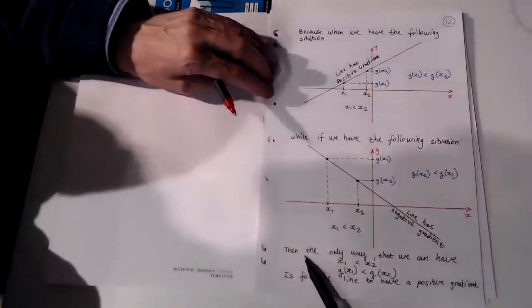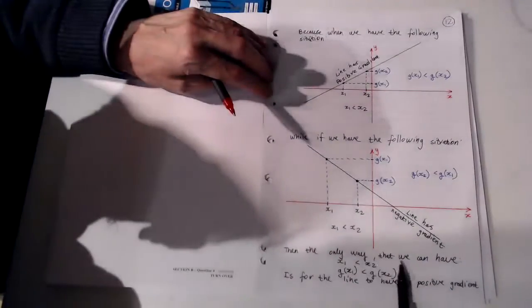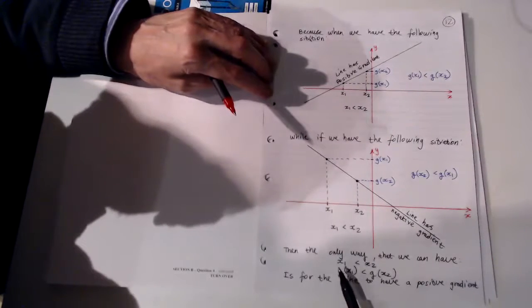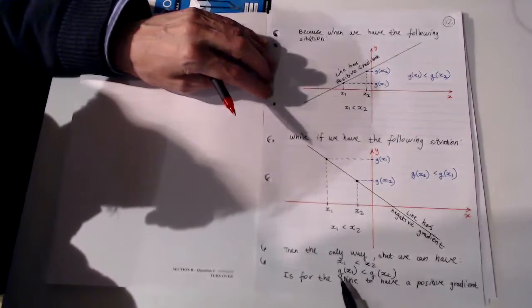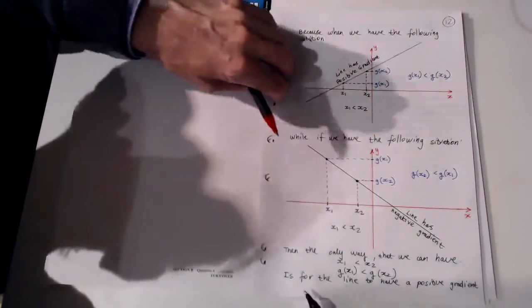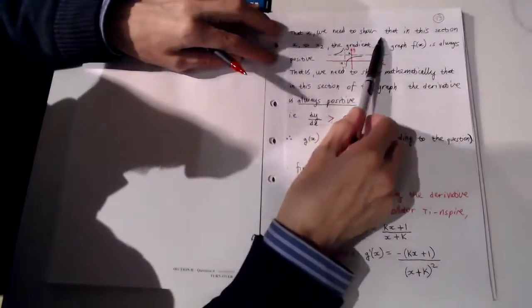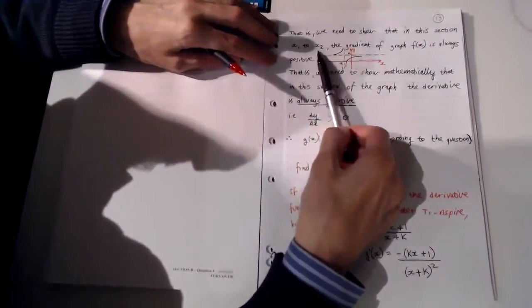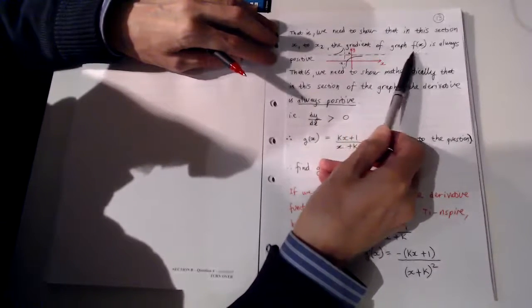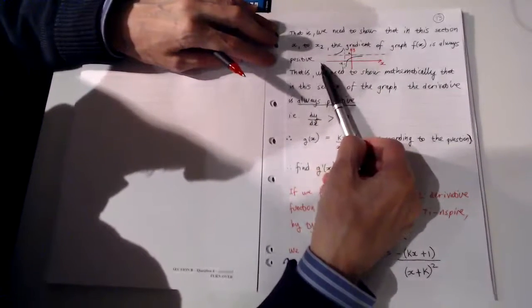And that's what I say down here: the only way we can have x1 less than x2 and g(x1) less than g(x2) is for the line to have a positive gradient. That is, we need to show that in this section, between x1 and x2, the gradient of the graph is always positive.